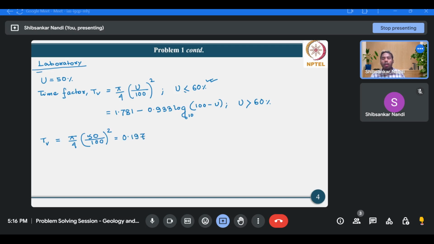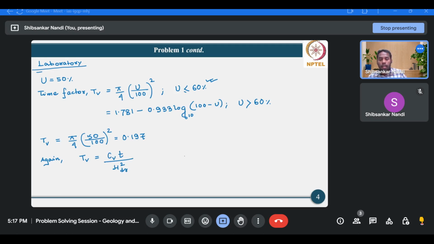Okay, now again we know that TV equals CV T divided by HDR square.